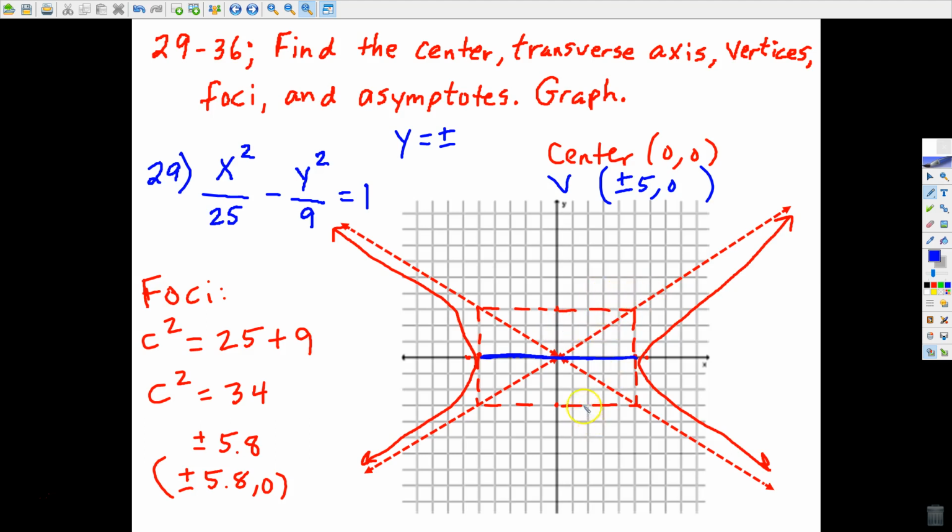So I must be off. I think that's flipped over. It should be 3/5 because it's always y over x. And I need to reduce, but if you want to know the equation for the asymptotes, take the y denominator.